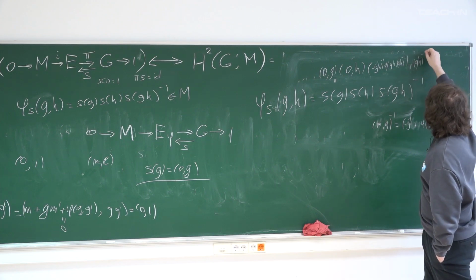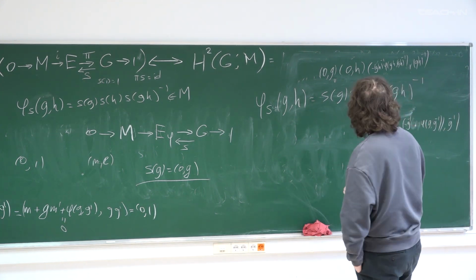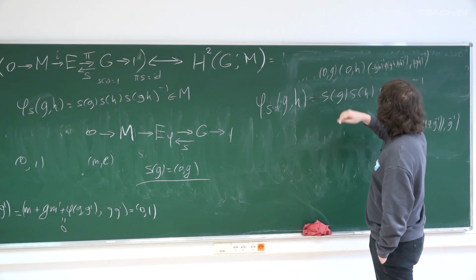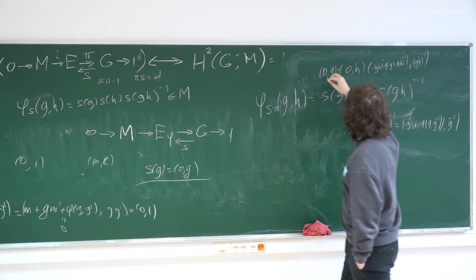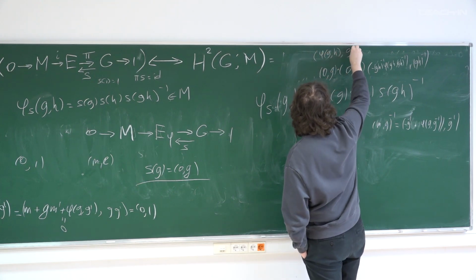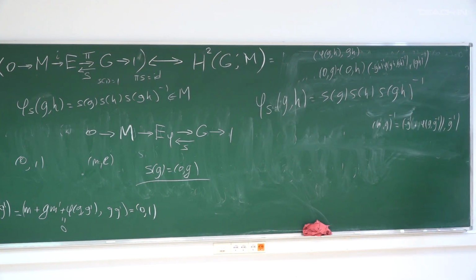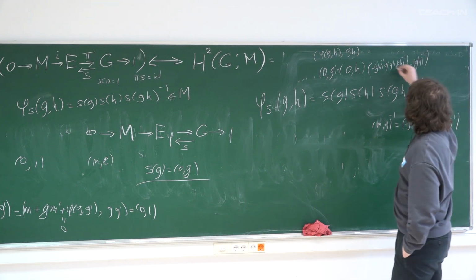And we need to multiply them in this group. Now, if I multiply these elements, it will be phi gh. Of course, on the second coordinate we obtain the unit.